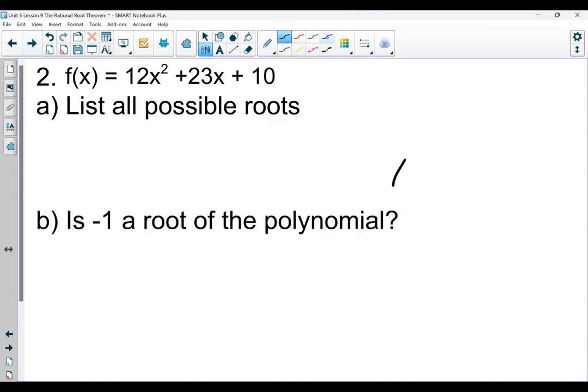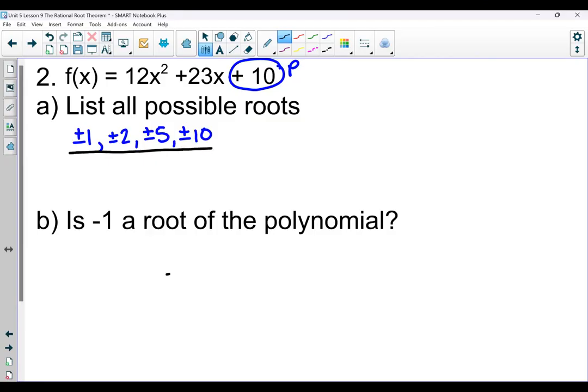So if we start here with our possible roots, we identify our constant term as positive 10. This is going to lead to P. The factors of 10 are 1, 2, 5, and 10, putting a plus or minus in front of each of those, creating our numerator. And in our denominator, we want the factors of 12.